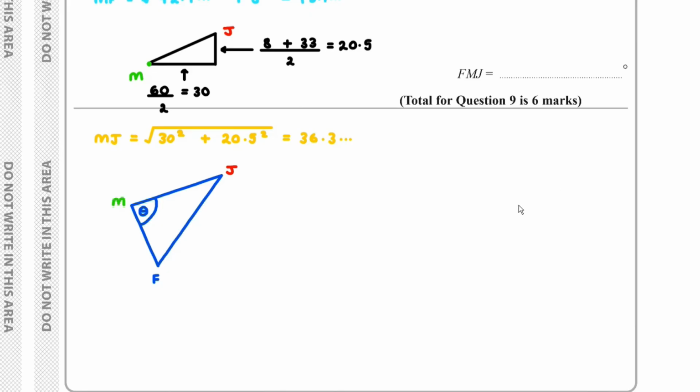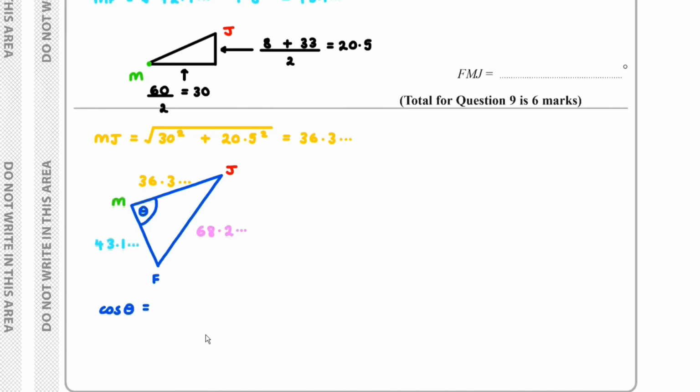Now, here is the triangle FMJ. We want to find out the angle theta, which corresponds to FMJ. We know that MJ is 36.3, etc. We've worked that out. MF is 43.1 and FJ is 68.2. So this angle can be found by using the cosine rule.